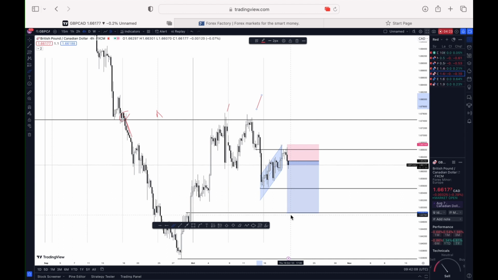I'll be very interested in seeing the market sell further, reaching this particular point of support, where the market historically rejected. Then on my chart as well, I'm looking at GBPAUD.